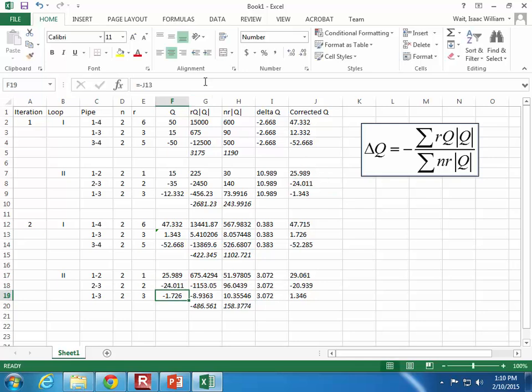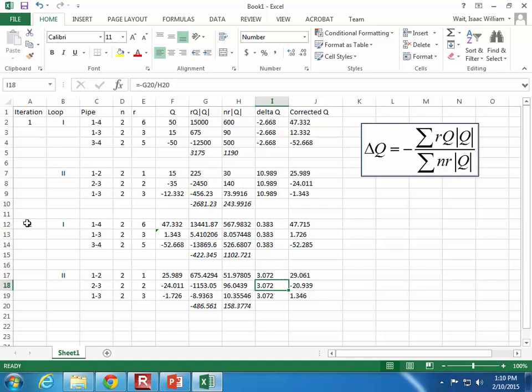And pipe 1, 3, it's already doing what it needs to do, because in loop 2 of iteration 1, we were looking up at the previously calculated value of the flow rate. So equals negative of the most recent flow rate. All right, so it also has a smaller delta Q. The delta Q is getting smaller.